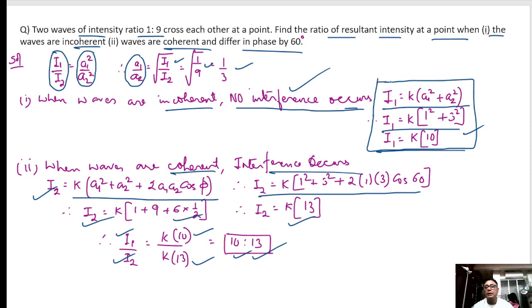The phase difference will be 90 degrees to each other. We will not take any phase here. This part will not be there. And when they are coherent, then this formula will be taken. We will find the intensity here, and this is the intensity when it is not coherent. And now we have to compare this.